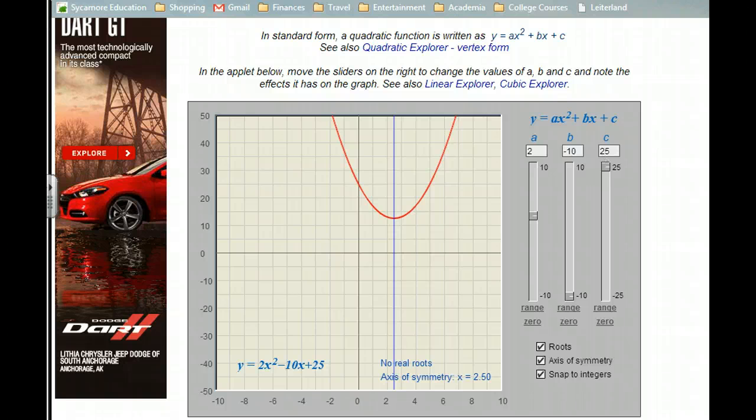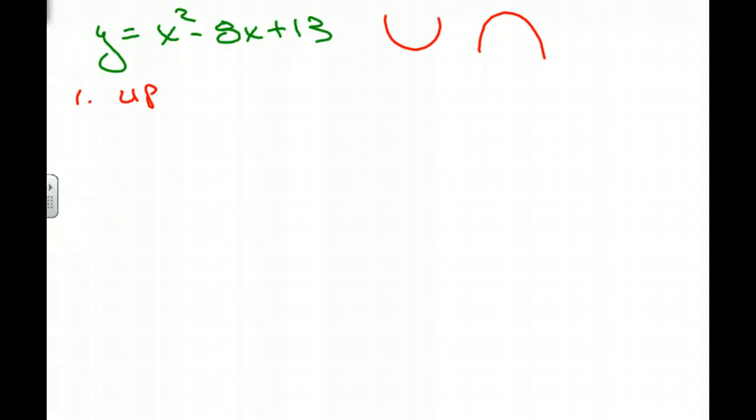So yeah, C. So on this one, my y-intercept is 13. So at this point, I've got whether it opens up or down, and I know where the y-intercept is. If this were a negative number, it would cross the y-axis at negative 13. Okay?